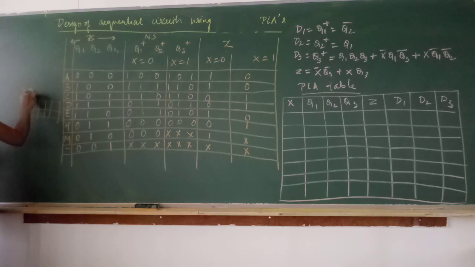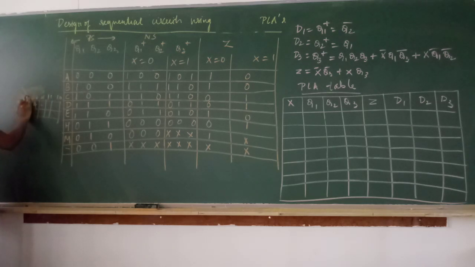So these will be Q1, Q2, Q3, right? A is 0 0 0. 0 0 1. 0 1 0. Okay. 1 0 0, it was B. I guess it is B, correct?